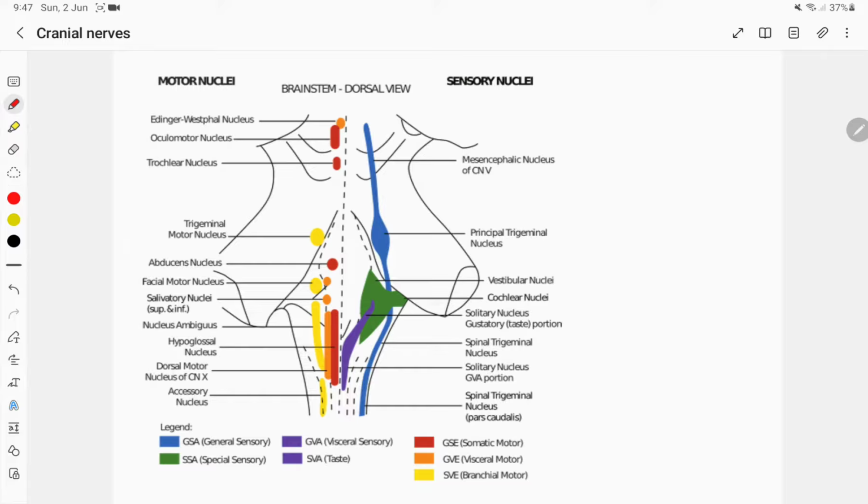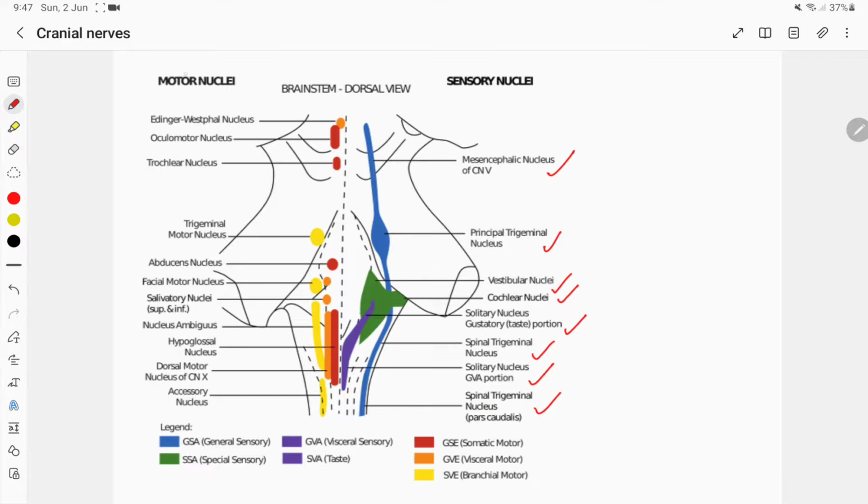Here you can see the sensory nuclei: mesencephalic nucleus of trigeminal nerve, principal trigeminal nucleus, vestibular nucleus, cochlear nucleus, solitary nucleus, spinal trigeminal nucleus, solitary nucleus of GVA portion and spinal trigeminal nucleus.